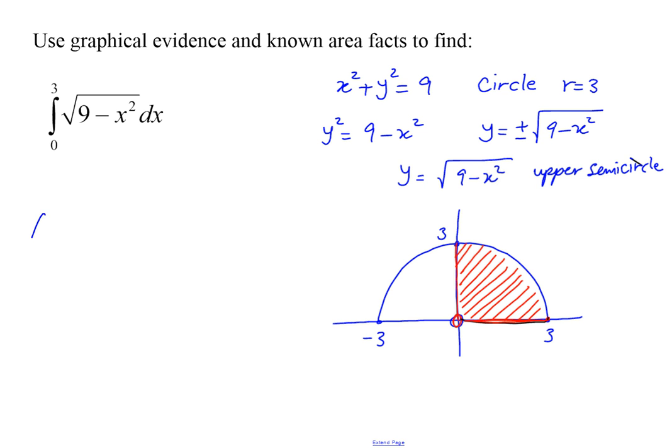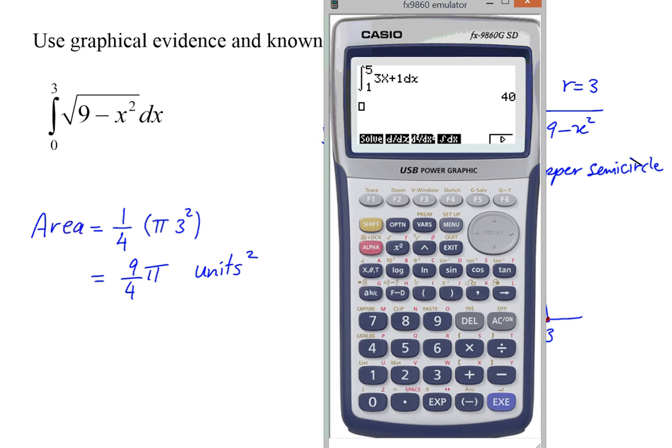So the area, which is the value of the definite integral, would be a quarter of the area of a circle with radius 3, that's pi times 3 squared. So 3 squared is 9, that's 9 over 4 pi units squared. That's if you want to leave it in the exact form. And again, we can check this using the calculator.